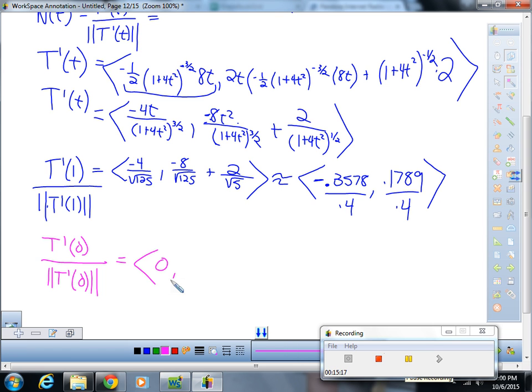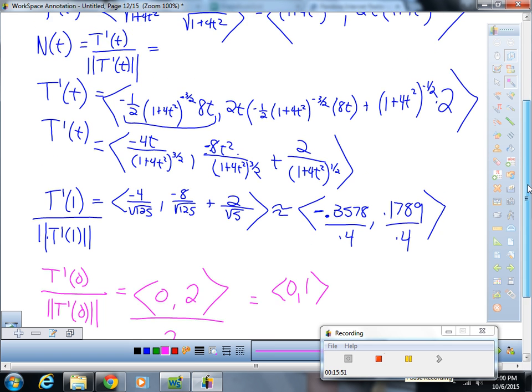All right. Here, you get a 0 plus 2 over radical 1. So you get 0, comma 2, and you start to get nervous because that's not what we wanted. But then you got to remember that we got to divide it by the magnitude, which is 2, right? Radical 4. Well, good. That's what we got. So we actually did something right in class for once. Okay. Thank you. Thank you.